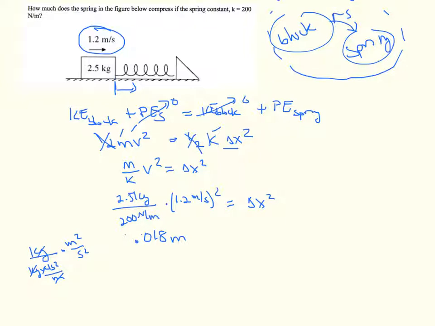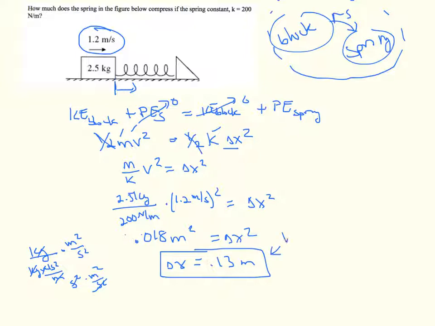So I end up with meters squared left, which is equal to delta x squared, and now I'm just going to square root that, and what I get is that the compression should be 0.13 meters when the block comes to rest. So this is when the block is at rest.